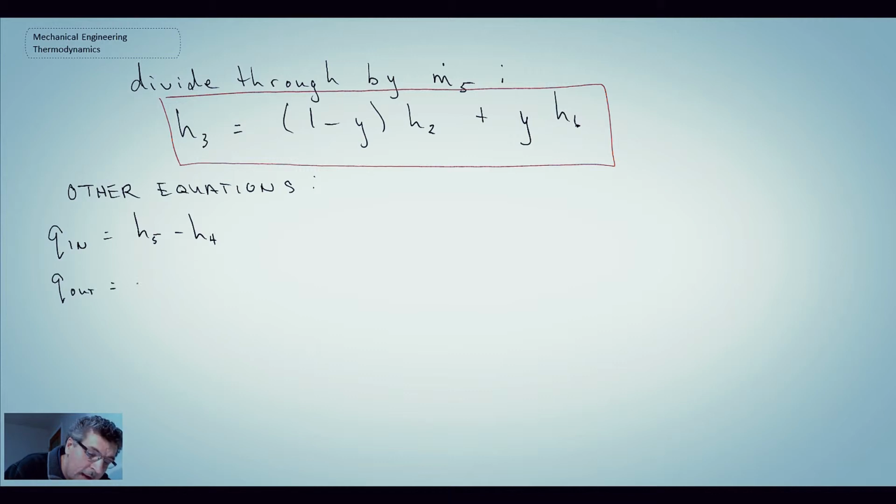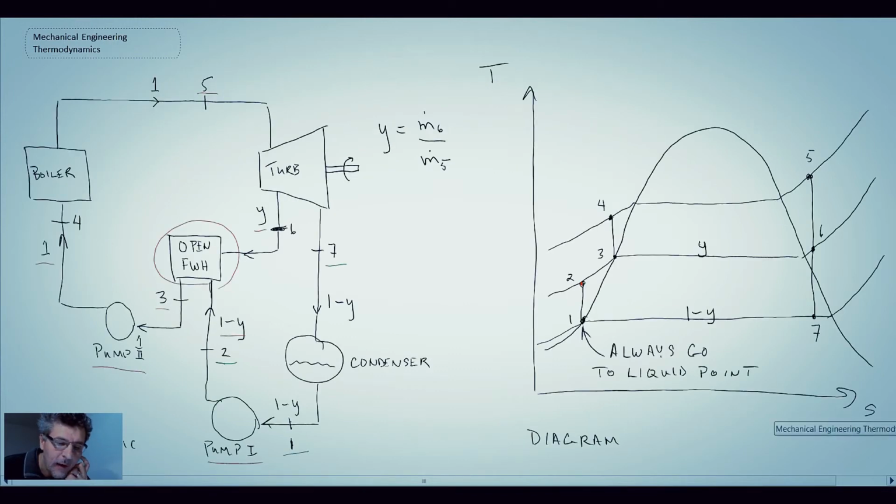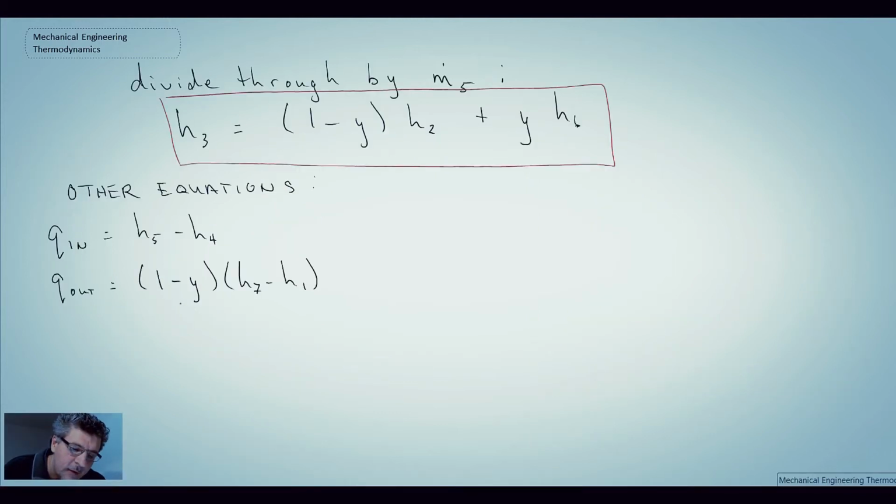So we need to take into account the mass fraction, which we're doing with the 1 minus y, times H7 minus H1. Now let's go back and take a look at our process schematic. We're looking at the enthalpy change between state 7 and state 1, but we're acknowledging the fact that the mass flow rate has been reduced, and we have the 1 minus y. And that is why in our term we have the pre-multiplier of the 1 minus y.